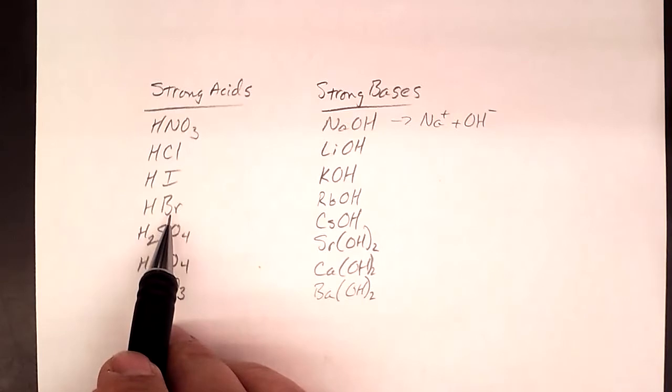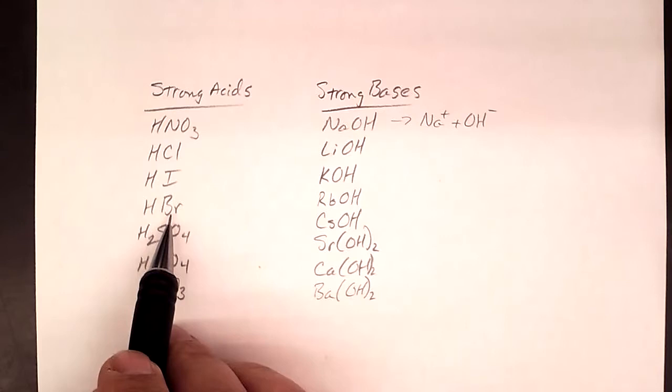It's not going to change anything. That's why I scratched out the Br here. It's not going to matter for the purposes of H plus unless I have to involve grams, which will come up in a little bit. But if this is the molarity of the HBr, then it's also the molarity of the H plus, and it's also the molarity of the Br minus, except I don't care about the molarity of the Br minus.